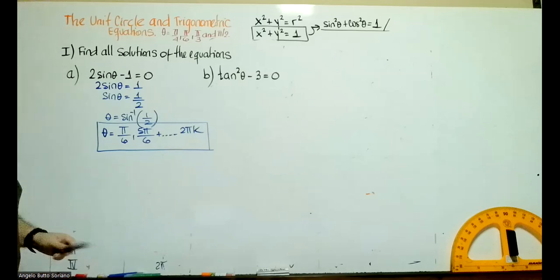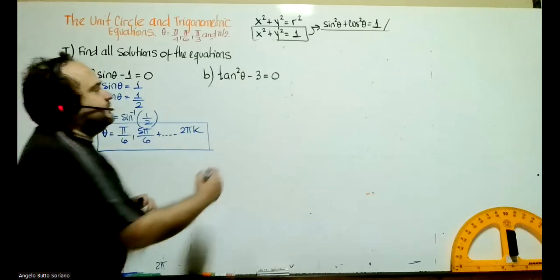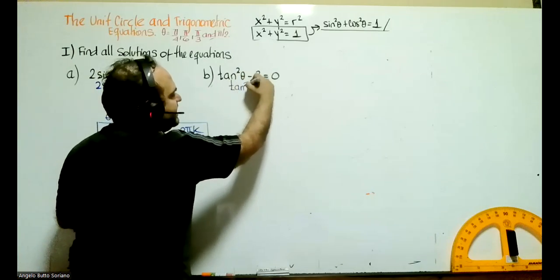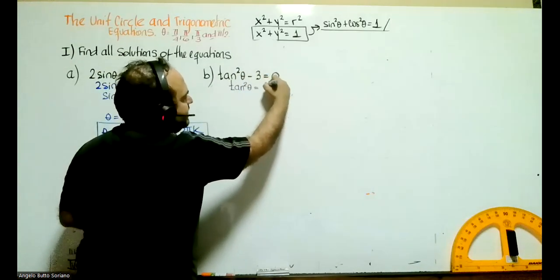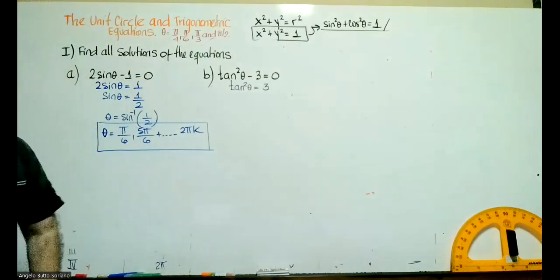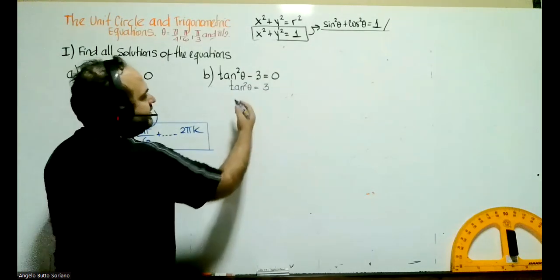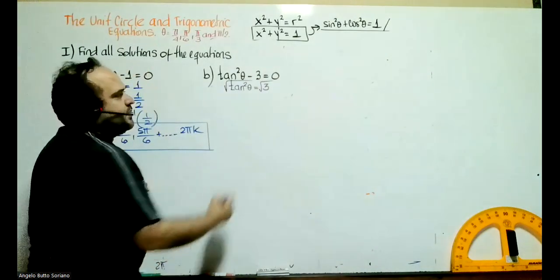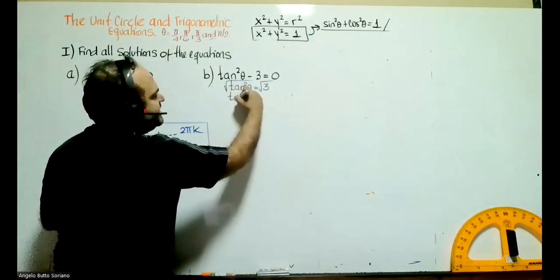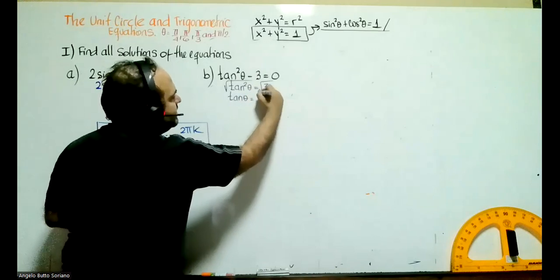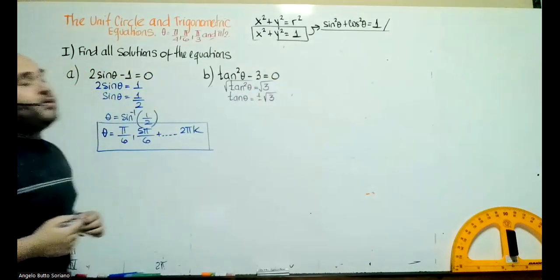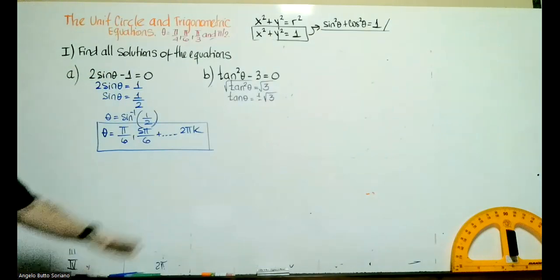In the second one, let's solve for tangent. Tangent squared theta will be equal to positive 3. Now, because we want to know the value of tangent, we take the square root on both sides, and tangent of theta will be equal to positive or negative square root of 3.